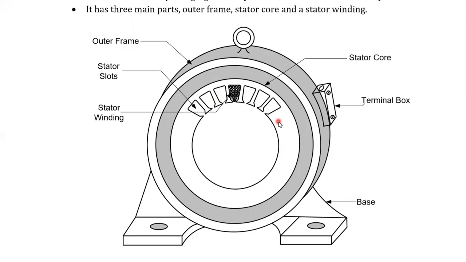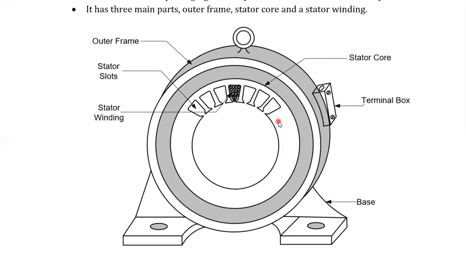Because of that single winding in the induction machine, it is not possible to rotate the magnetic field. The stator rotating magnetic field is absent in a single phase induction machine, without using external or auxiliary circuits.